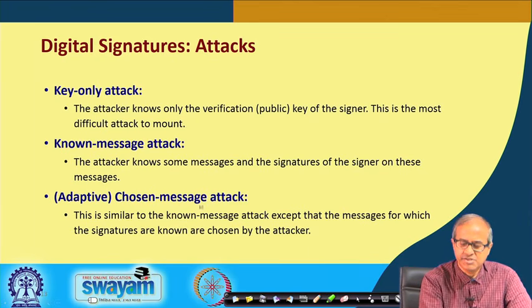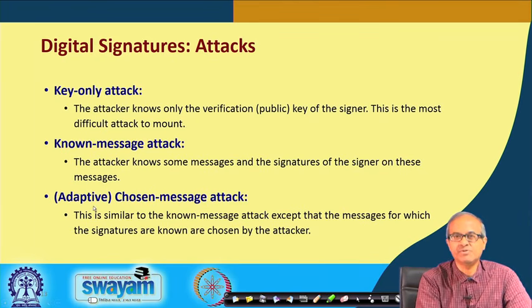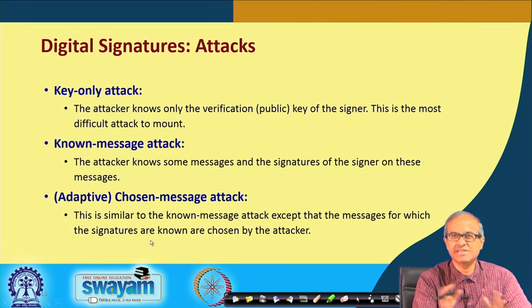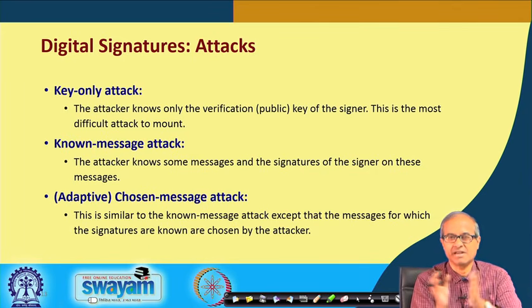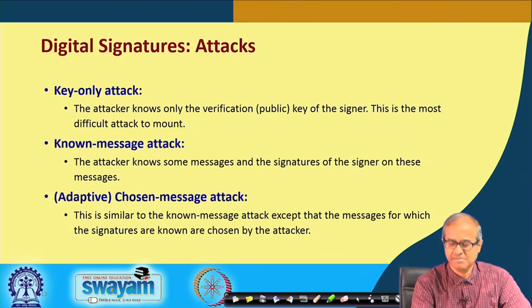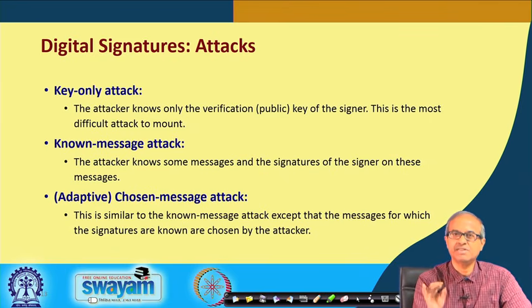And chosen message attack or adaptive chosen message attack is similar to the last one in the previous slide, that the attacker can choose some messages for which the signatures are known. So, these are all different categories and classes of attacks, but just one thing you should remember, these are not easy to mount, these are all very difficult.